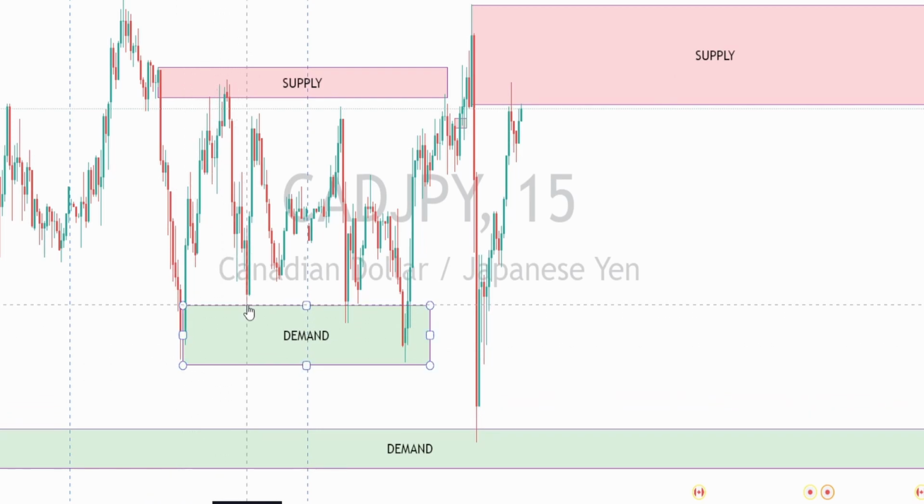Could have got out just before that, and that would have been a good run. Could have also tried getting in on a trade at that point and targeting supply, getting out before that. And you can do this over and over again. It's not going to happen as easy as I'm saying it, but you can see how it can be done. You just have to practice this.